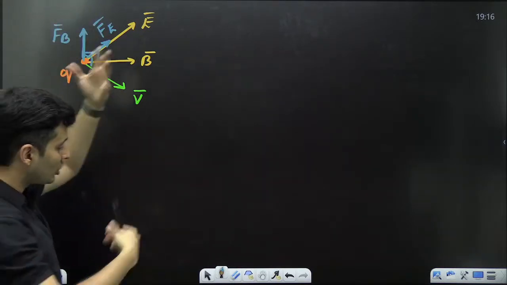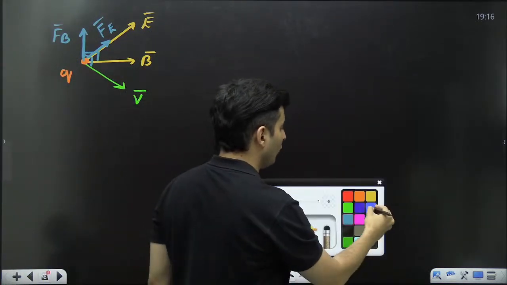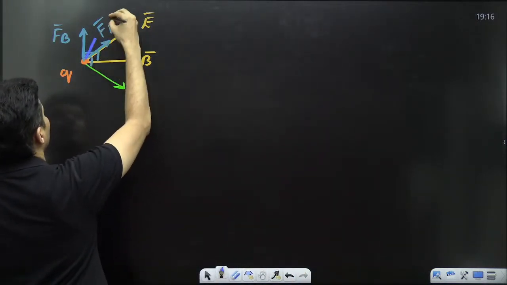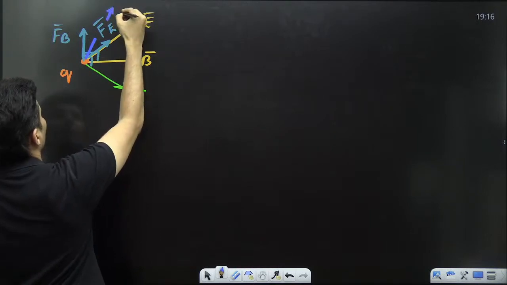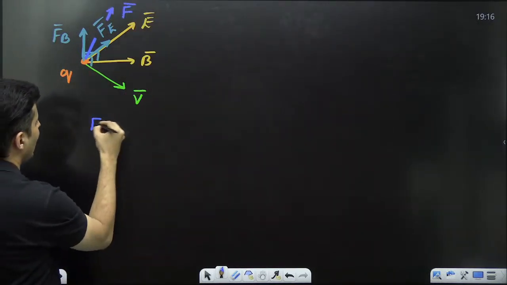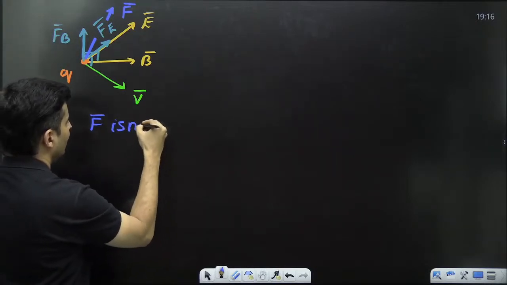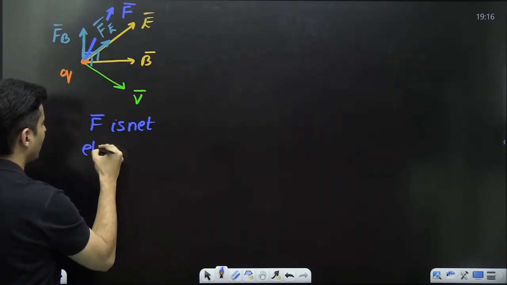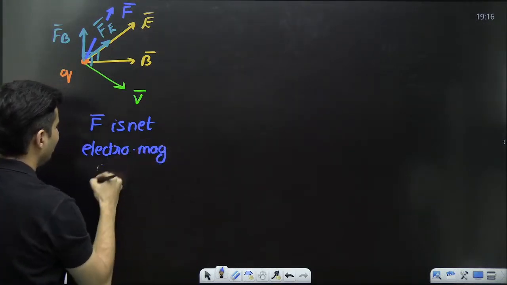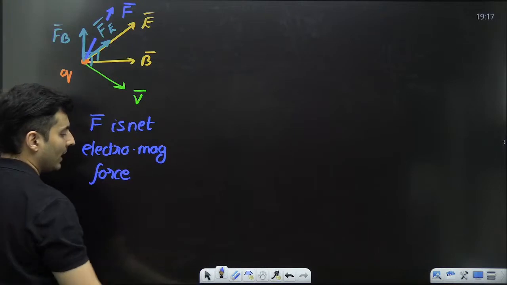These two forces together will produce a net force. F is the net electromagnetic force.